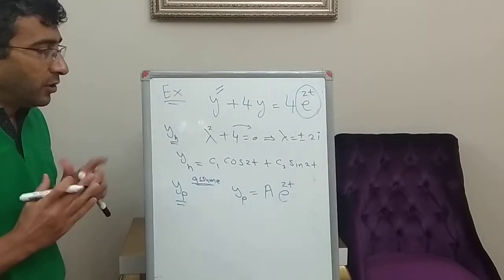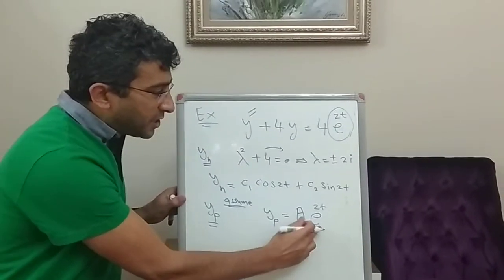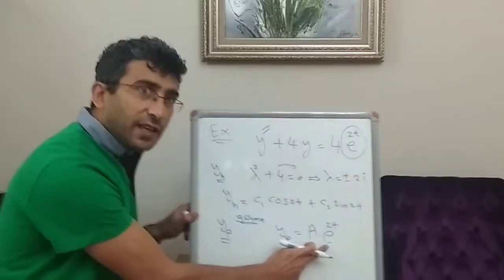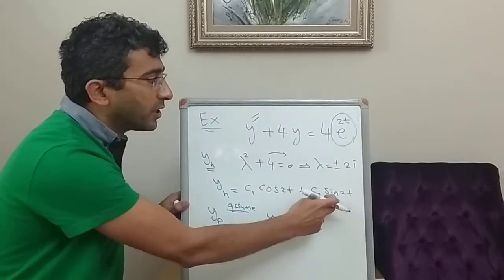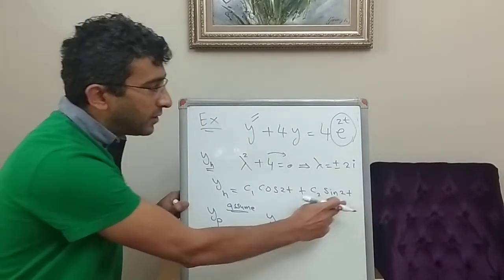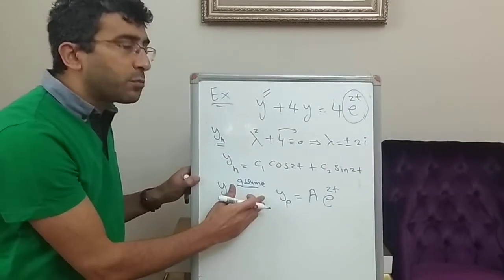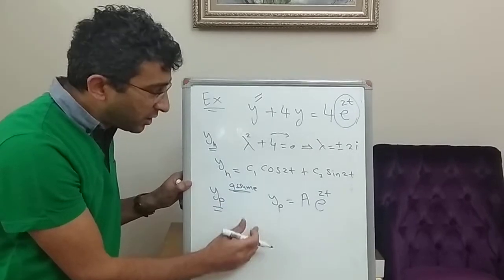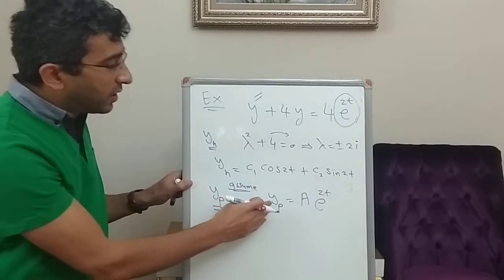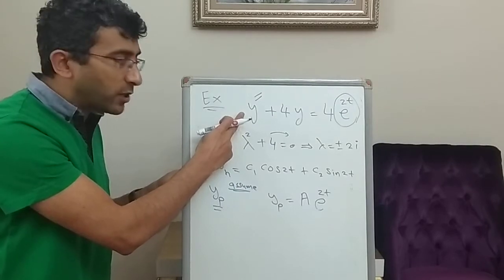So, you should stop here and look to the homogeneous solution. Is this function e to the 2t existing in the homogeneous solution? In this case, it does not exist. You have here sine and cosine, and it does not exist. Okay? So your assumption is okay. You can continue. Okay? So this particular solution should satisfy this equation.